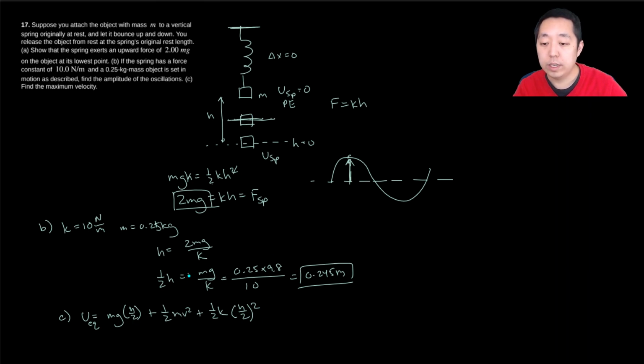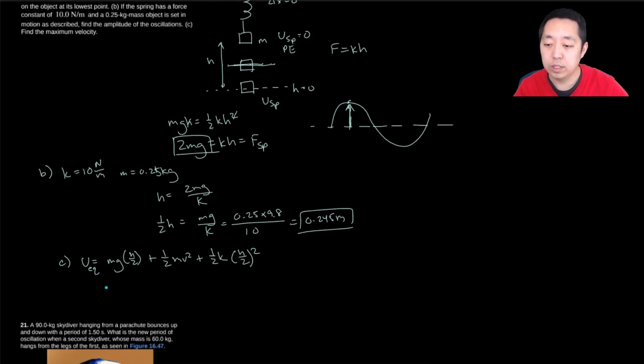Okay. Now I know what h is. h over 2 is what we got here, 0.245. I can set this equal to mgh, the potential energy at the top. So actually, I need to solve for mv squared, so I need to bring all of this to the other side.